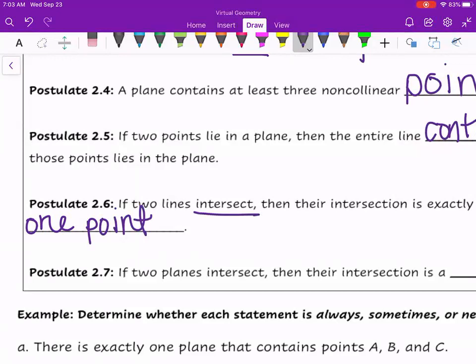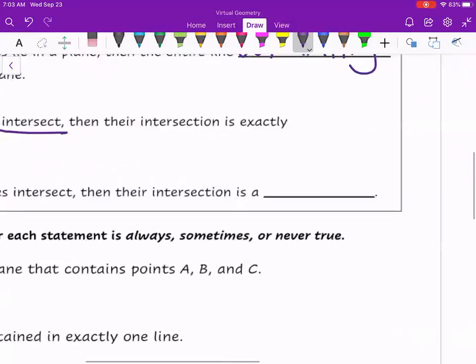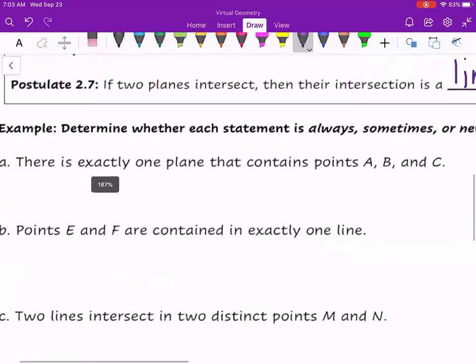And the last postulate that we've looked at: if 2 planes intersect, then their intersection is a line. Remember, that was when we talked about how 2 surfaces meet. We're going to use these 7 postulates to determine whether the statements below are always true, sometimes true depending on the case, or never true. So be very careful when we use these postulates.